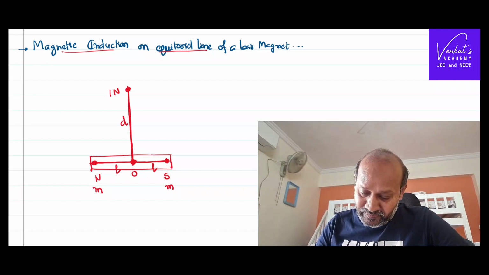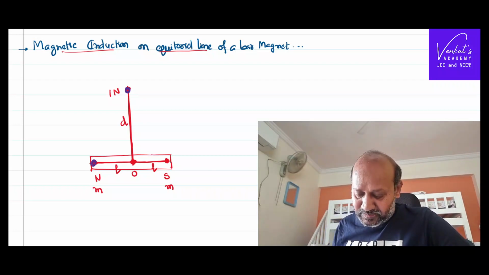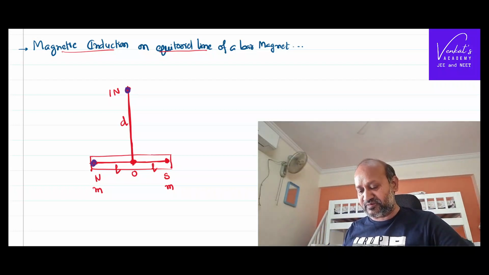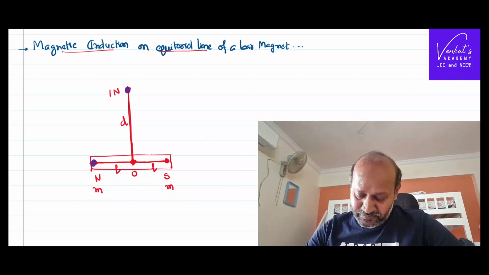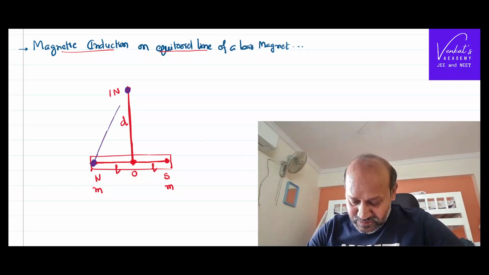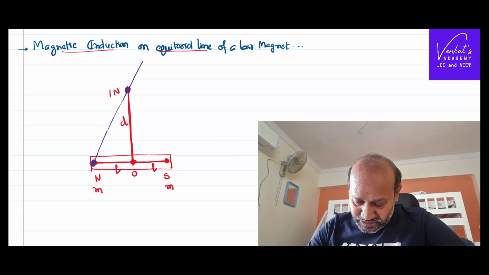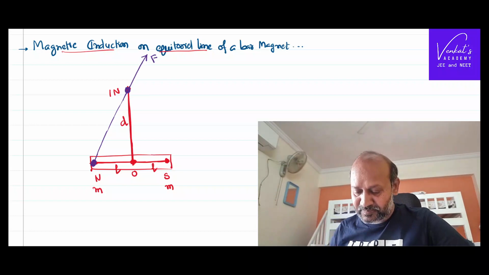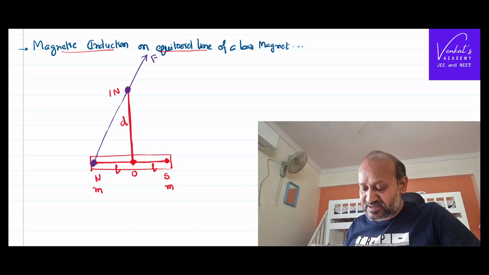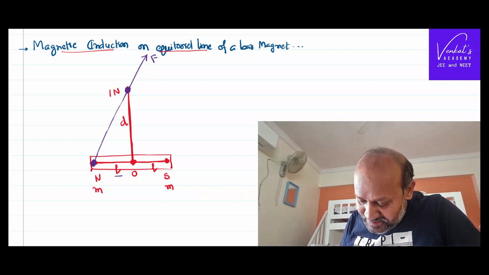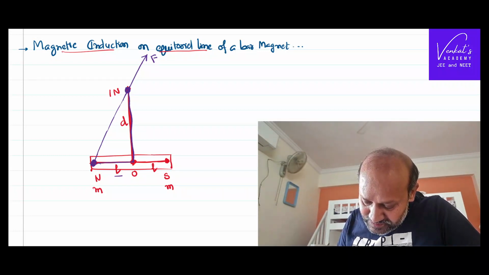On this unit north pole, the north pole of the bar magnet exerts a repulsive force because they are similar poles. Similar poles repel each other. So what is the direction of that force? Along the line joining these two poles. So this is the force F. How much is that force? As this distance is L, this distance is d.